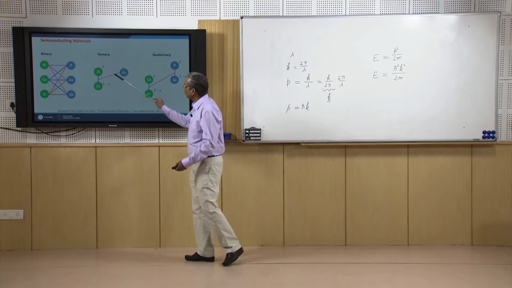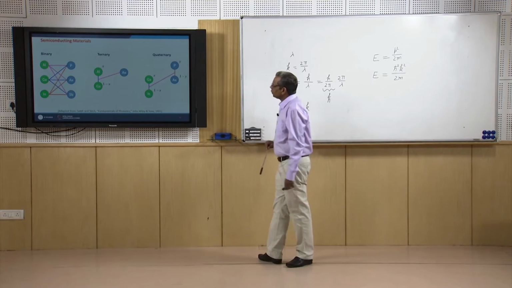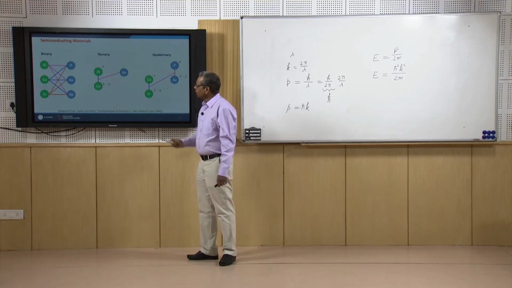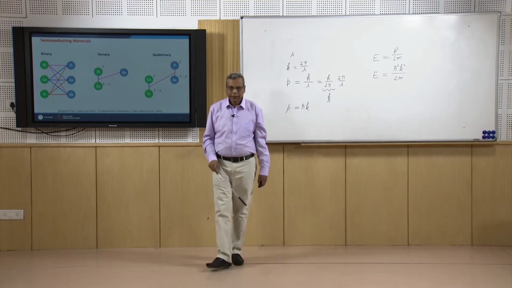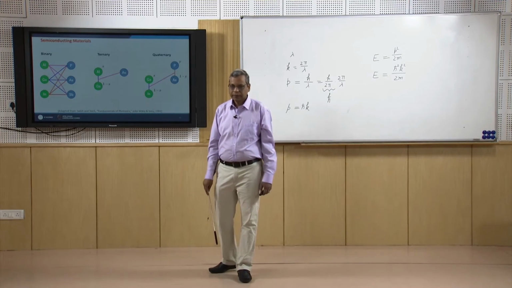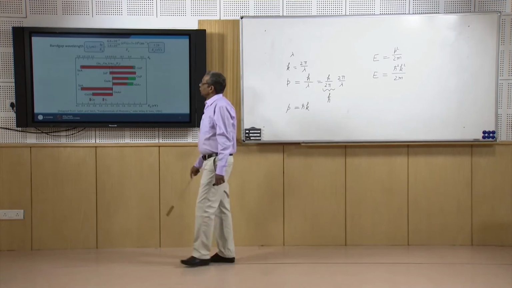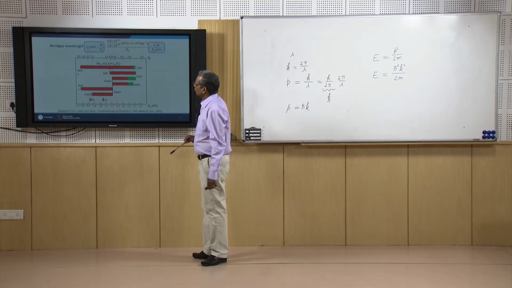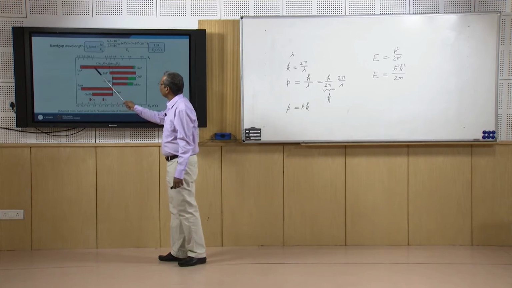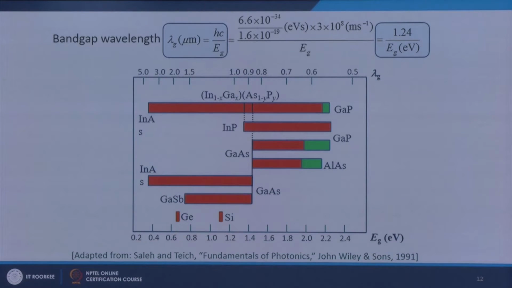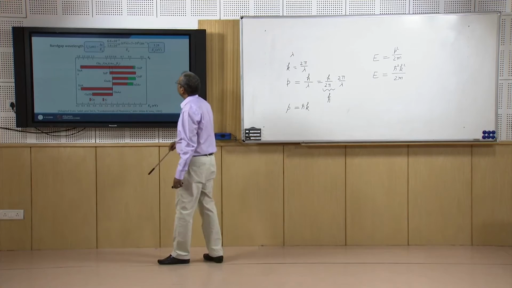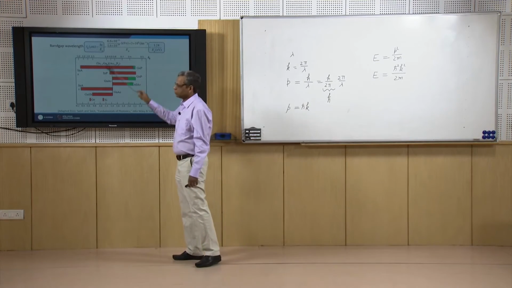What is the advantage of doing this? The advantage is that I can tune the band gap. When I change the composition, the band gap of the material changes. So, I can tune the band gap. Here, what has been plotted is the composition of various semiconductors, whether quaternary, ternary or binary, their band gap energy and the corresponding band gap wavelength.